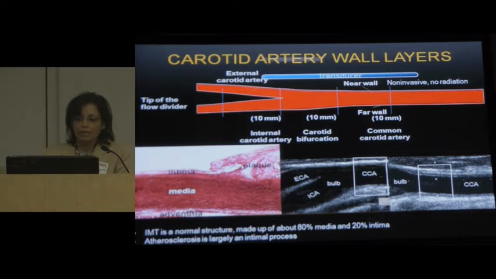We can measure the thickness of the vessel wall, which is comprised of intima and media, as a combined measure called intima media. And the reason we do that is that our ultrasound resolution is not sophisticated enough to measure just intima, although I think that will also happen.